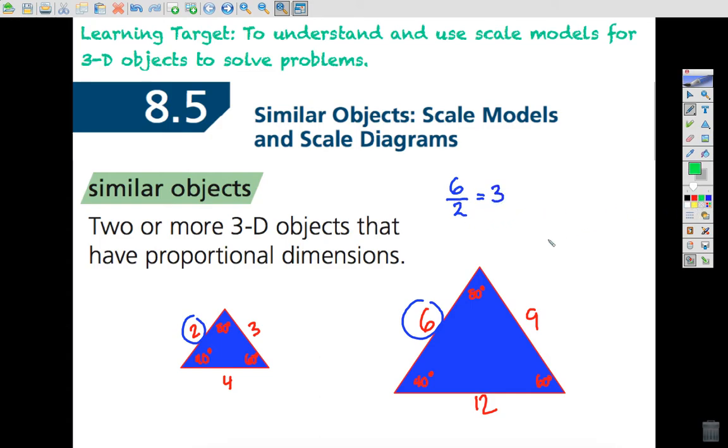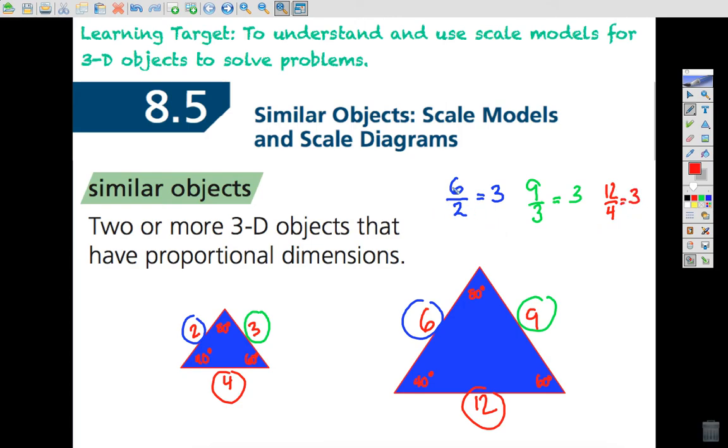If these are actually similar, I should be able to take the ratios of the other two sides. And if we try that, I want the larger side on top like I did last time. So 9 to 3 produces a ratio of 3. And lastly, if I did 4 and 12, I would be looking at 12 is to 4, and I would get a ratio of 3.